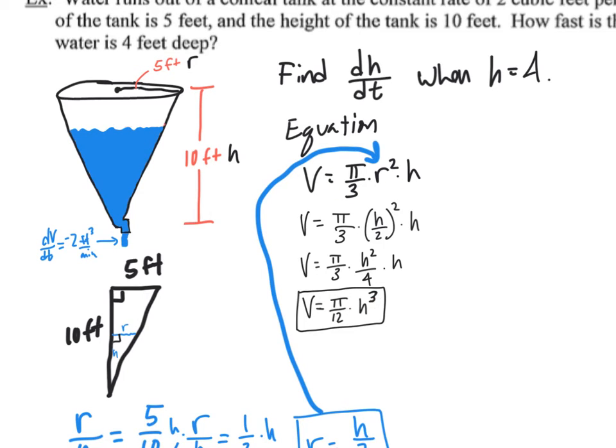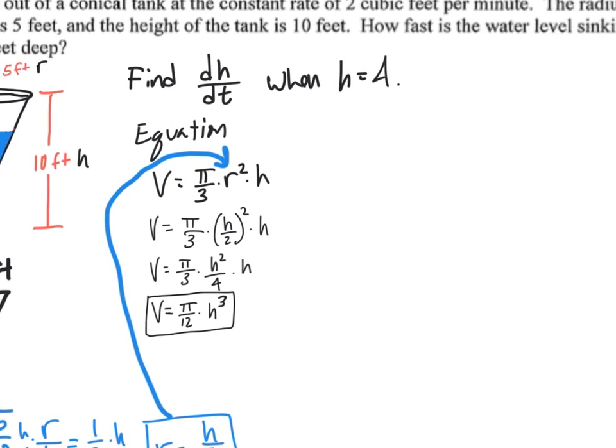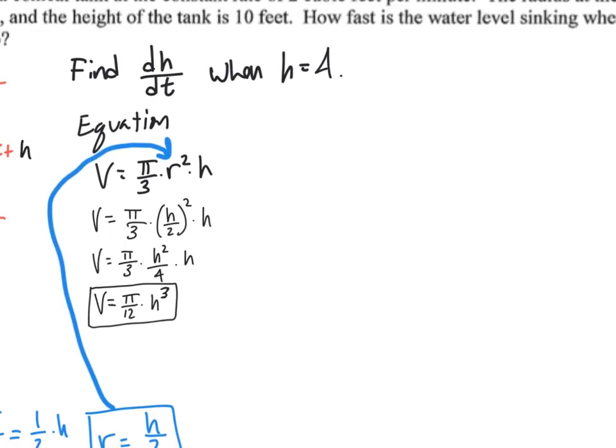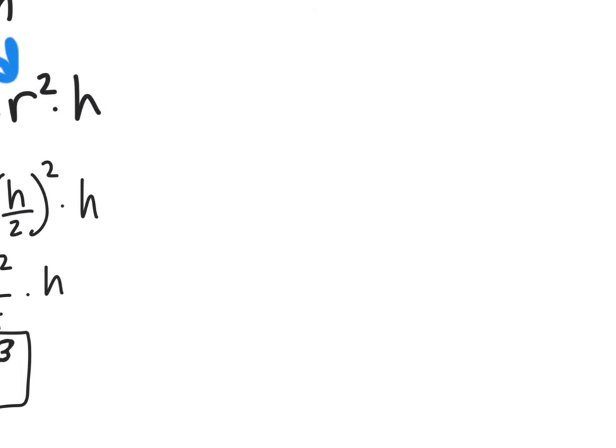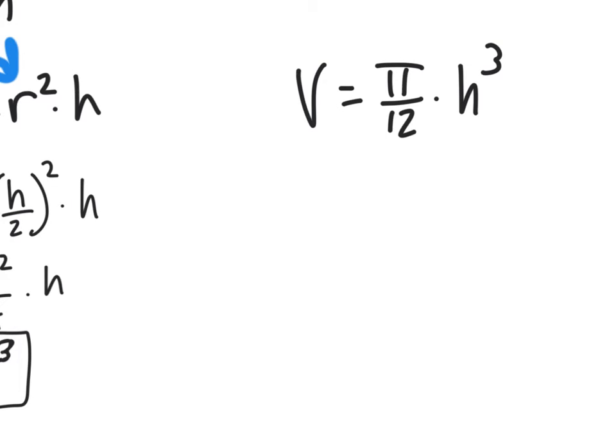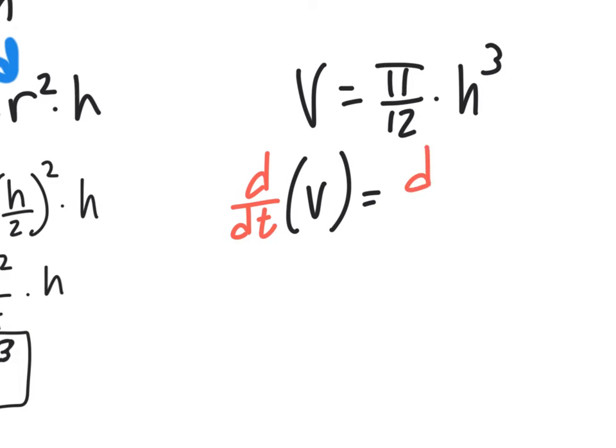Now I'm going to take the derivative of this function with respect to t. I've got volume equals pi over 12 times h cubed, so d/dt of my volume is equal to d/dt of pi over 12 times h cubed.